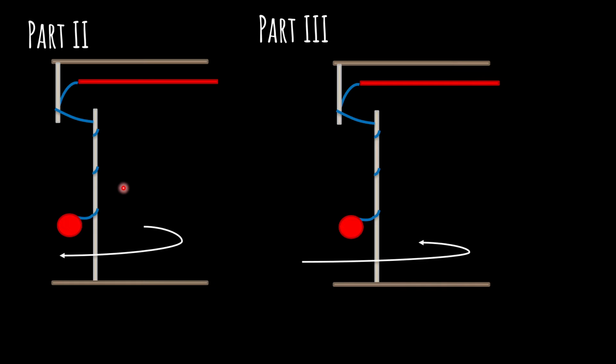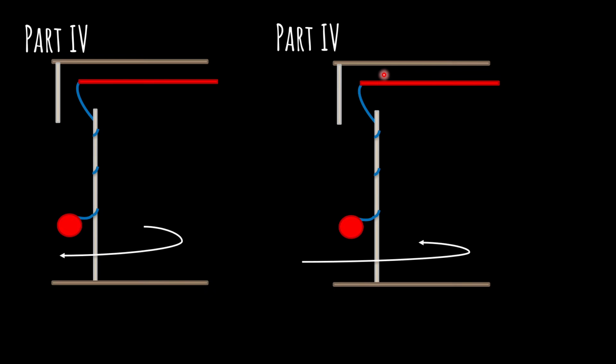As for part 2, the string will start to wrap around 2 sticks, one outside and one inside. Part 3 is basically the same as part 2, except that the motion is unwrapping itself from the stick. As for part 4, the string will only wrap around the stick inside and unwraps itself in part 5.